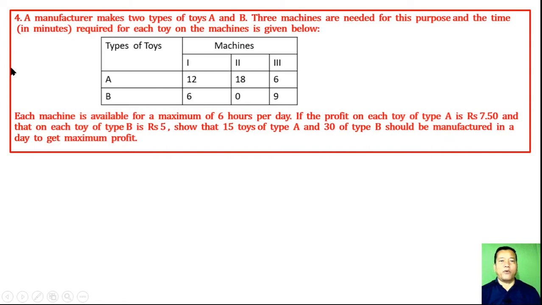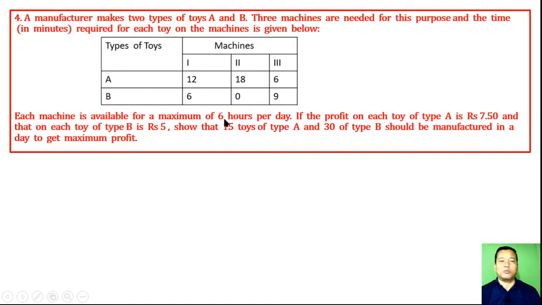Next, question number 4. A manufacturer makes two types of toys A and B. Three machines are needed for this purpose and the time in minutes required for each toy on the machines is given below. Toys A and B, machines 1, 2, 3, minutes used in processing: 12, 18, 6 for A, and 6, 0, 9 for B. Each machine is available for a maximum of 6 hours per day.